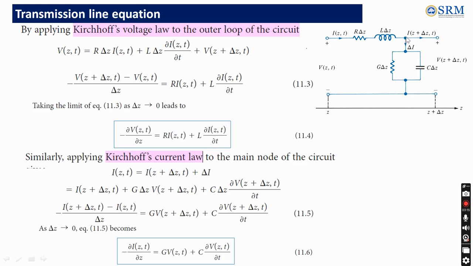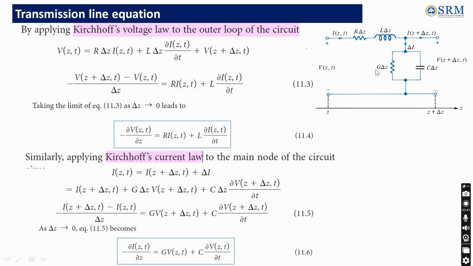Similarly, by applying KCL, Kirchhoff's current law, to the main node, I of Z comma T: the sum of entering current is equal to the sum of leaving current, del I plus I of Z plus del Z comma T. But this del I current is flowing in this parallel combination. So how can I represent the current?